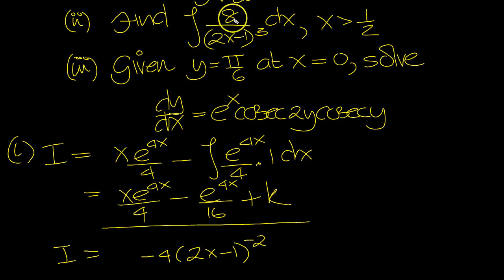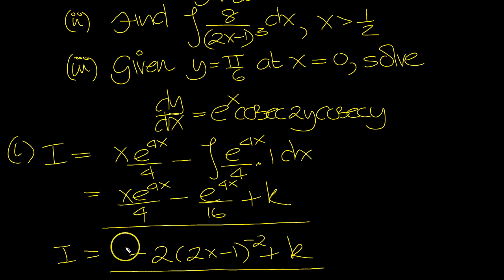I want 8. So I'll need a minus 2 on top of that, won't I, to get the 8. So that's what we need here. So minus 2 makes 4, this to the minus 3, multiplied by the something differentiated, which is 2. 2 4s are 8, plus k. So that's that one.